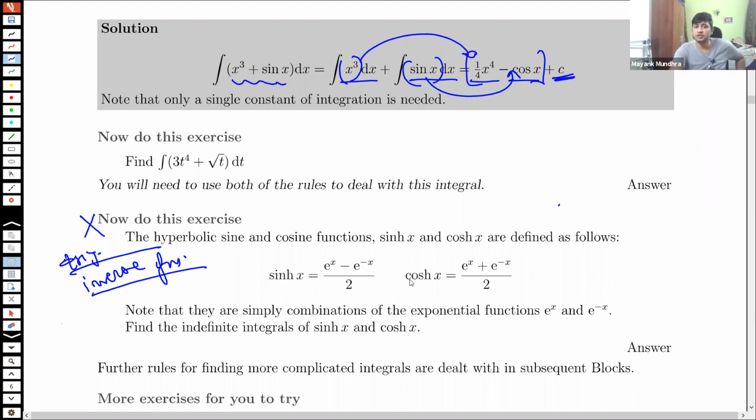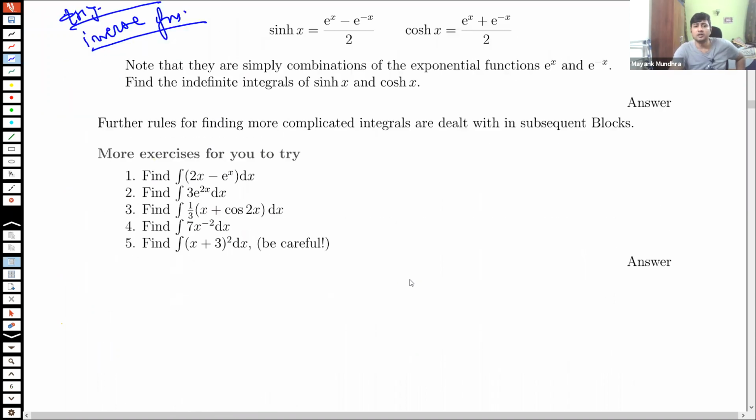We'll ignore the integration of inverse functions as well, because it's a completely different maths altogether and not at all necessary for economics. That's why we are doing this. Wherever you see this sine h of x, this is basically the inverse of sine x, and this is inverse of cos x. So just ignore those problems.